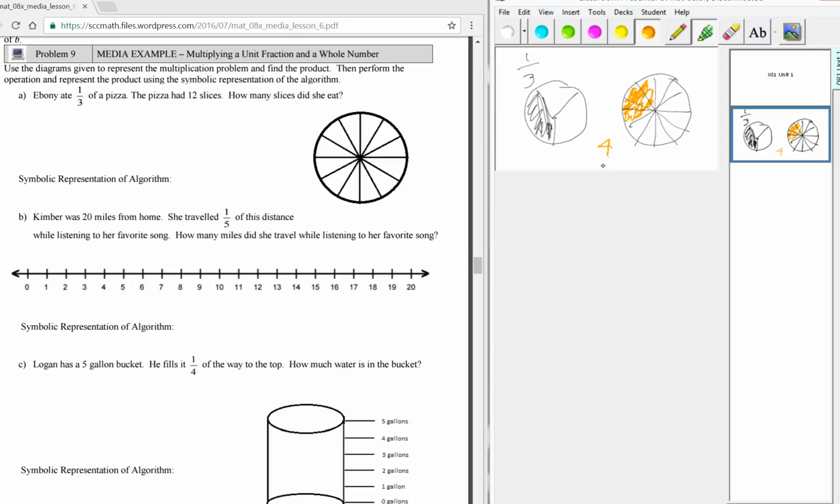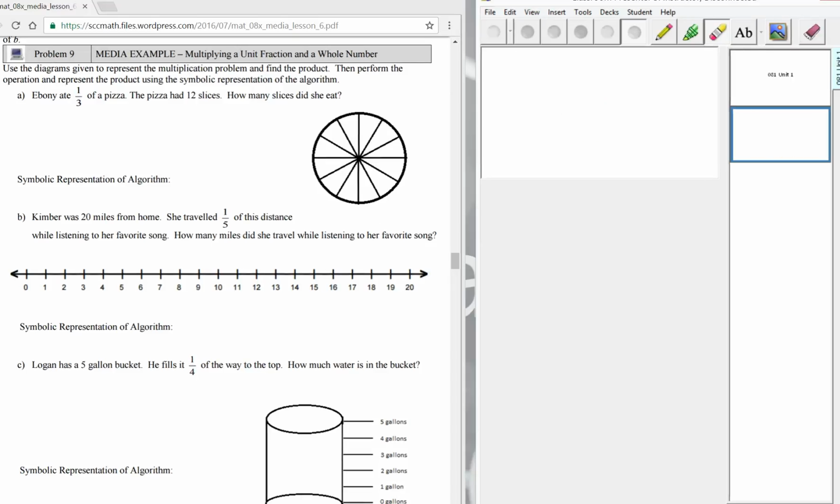They need to see, if they do this by hand, that when they're finding 1/3 of 12, it's 1/3 of a copy of 12. They can think of it as 1 for every 3 slices.